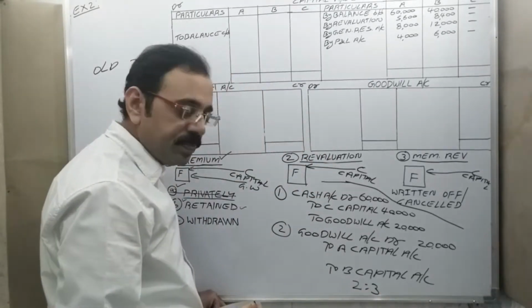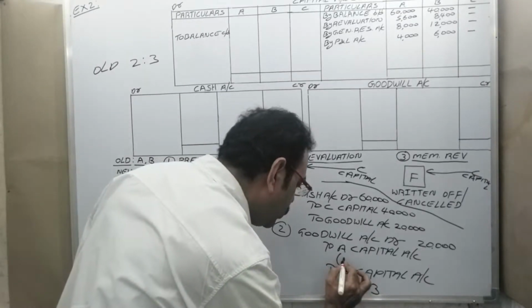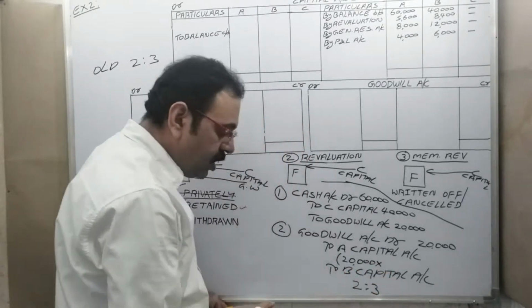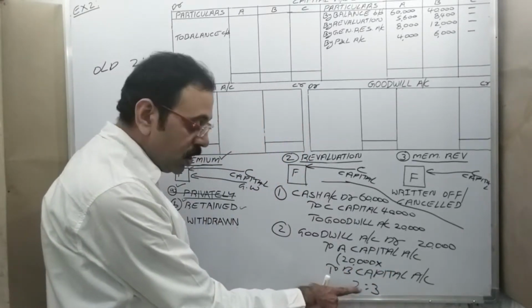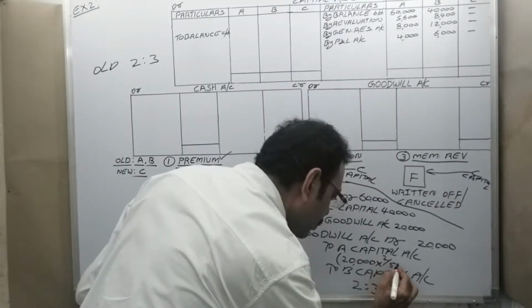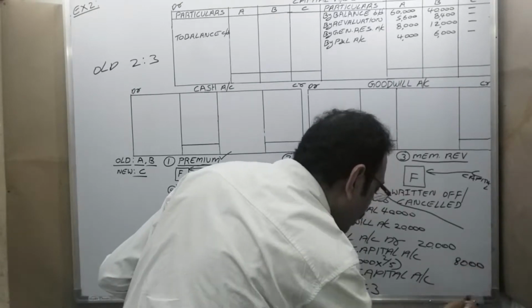2:3. Then to A, how much goodwill should we transfer? Total goodwill is 20,000. In that, A's share is 2/5. Then it will be 8,000 rupees.